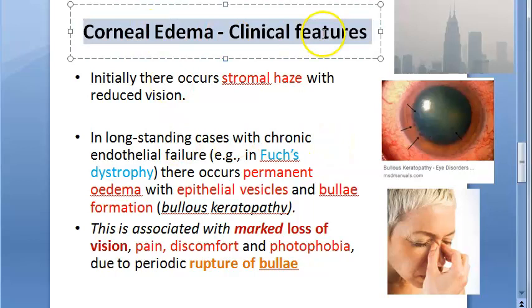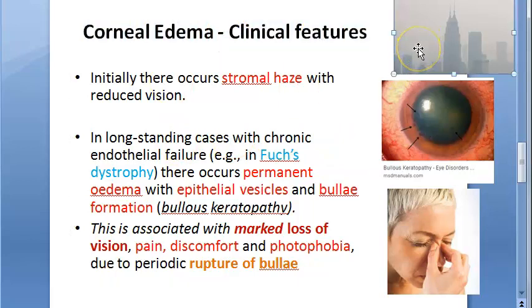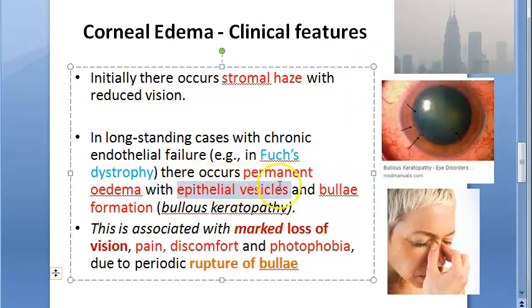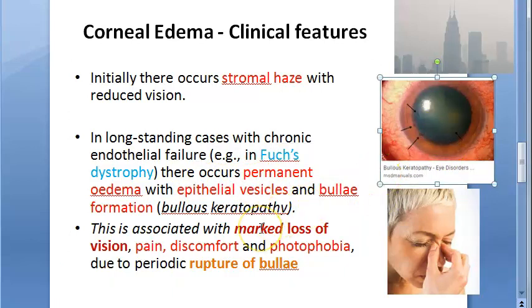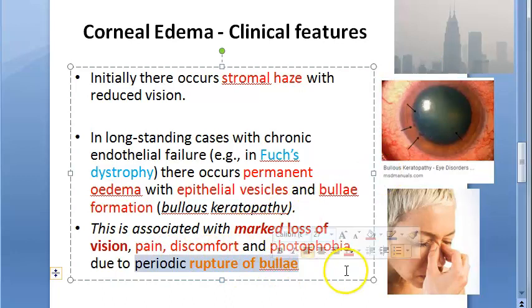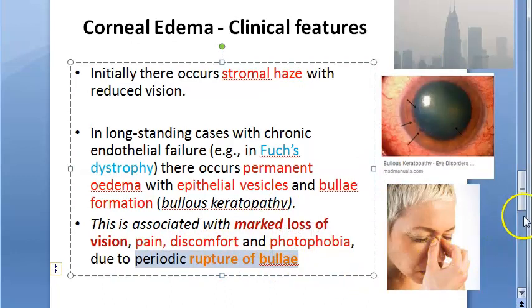Dystrophies you will write. Clinical features, initially they will have reduced vision, stromal haze. Long-standing cases they will have permanent edema with epithelial vesicles, bullae formation, bullous keratopathy. There will be marked loss of vision, pain, discomfort, photophobia because of this periodic rupture of bullae, which sounds really crazy, right? Something rupturing in your eye.